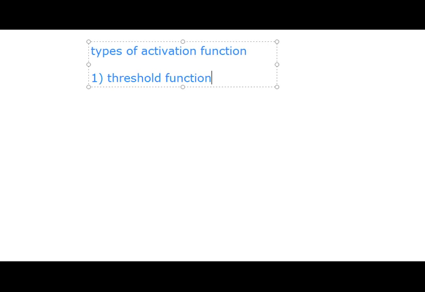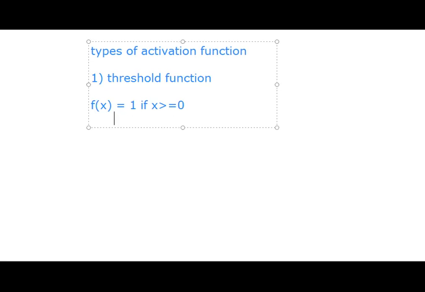This type of activation function is described as f(x) equals 1 if x is greater than or equal to 0, and f(x) equals 0 if x is less than 0.